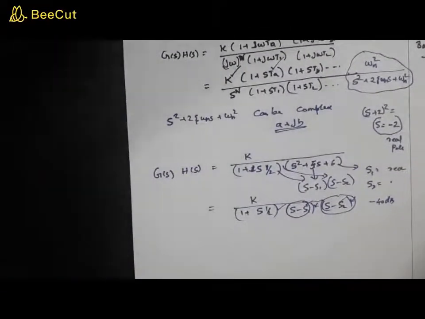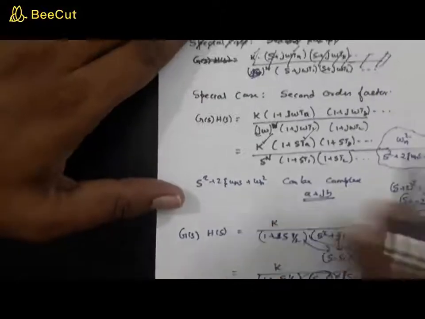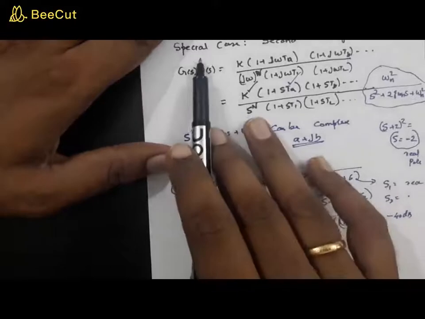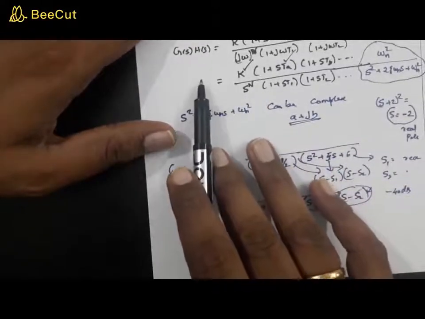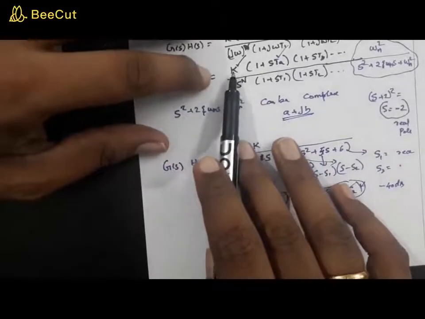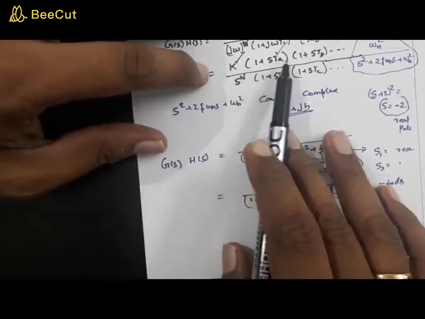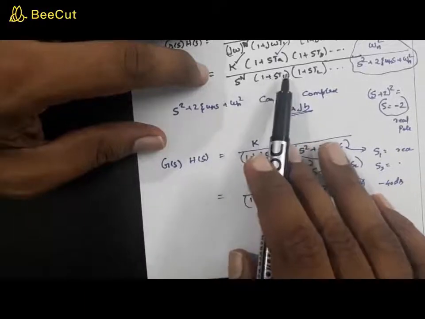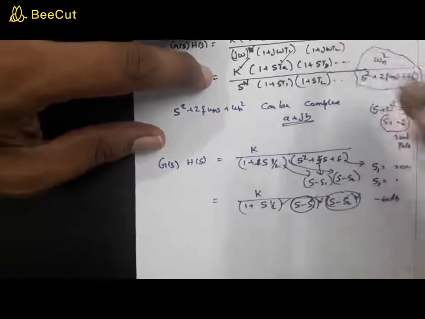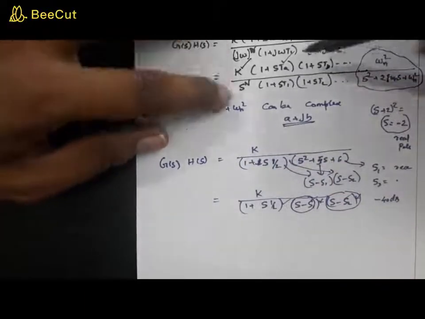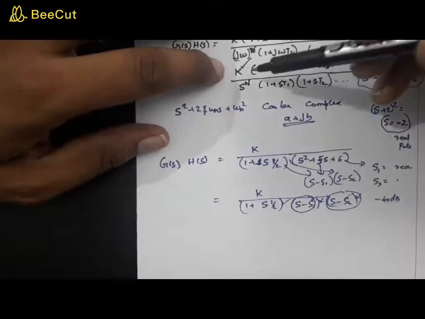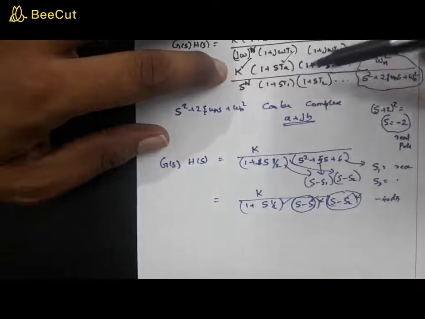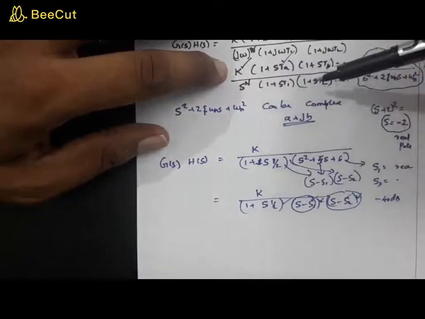Now, when you consider the special case, I'm again considering a general open loop transfer function of the form K into (1 plus sTa) into (1 plus sTb) divided by s raised to n into (1 plus sT1) into (1 plus sT2). Up to this, we have seen a general transfer function like this. We have identified four different terms: 1 plus sTa, 1 plus sTb, s raised to n, 1 plus sT2, and so on.